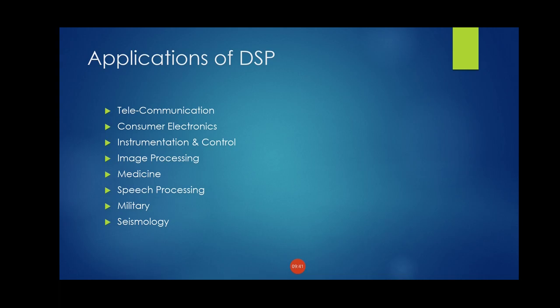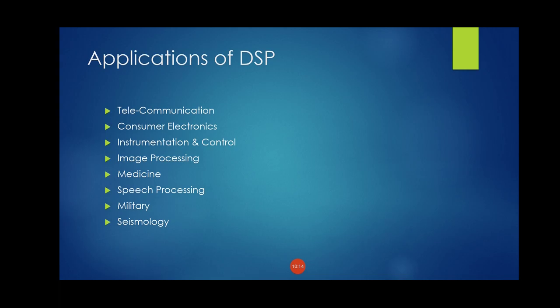DSP is also used in image processing, that is in image compression, image enhancement, image analysis and recognition. Then we have medicine. For example, spectral analysis of ECG and EEG signals to detect various disorders in the heart and brain all need digital signal processing. Then speech processing, seismology, military.